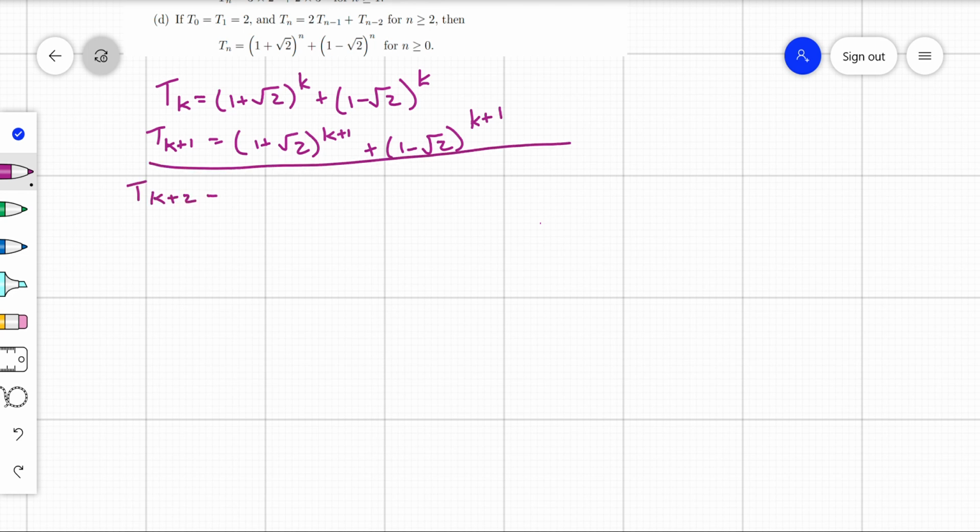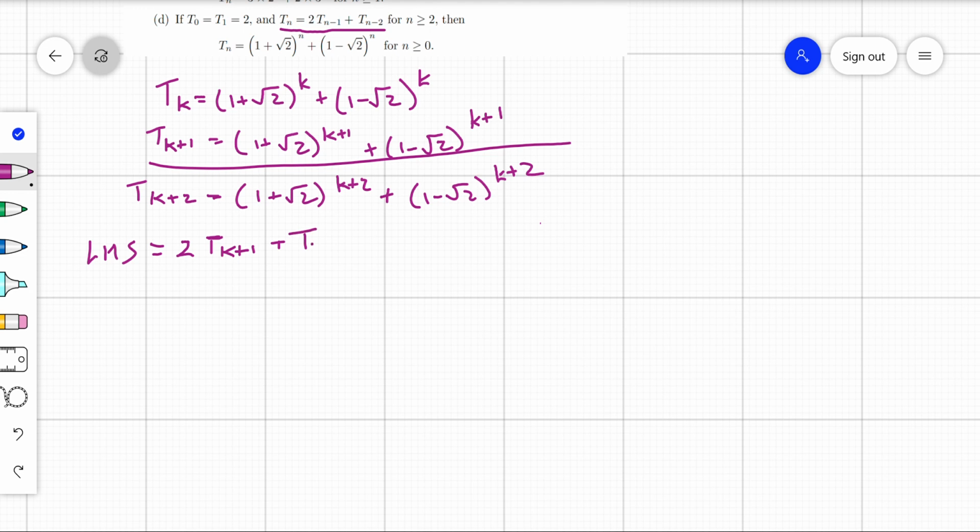Our next term being (1 plus root 2) to the power of k plus 2 plus (1 minus root 2) to the power of k plus 2. So if I look at the left hand side again, but this time using my recursive definition, we've got two lots of T of k plus 1, plus T of k.